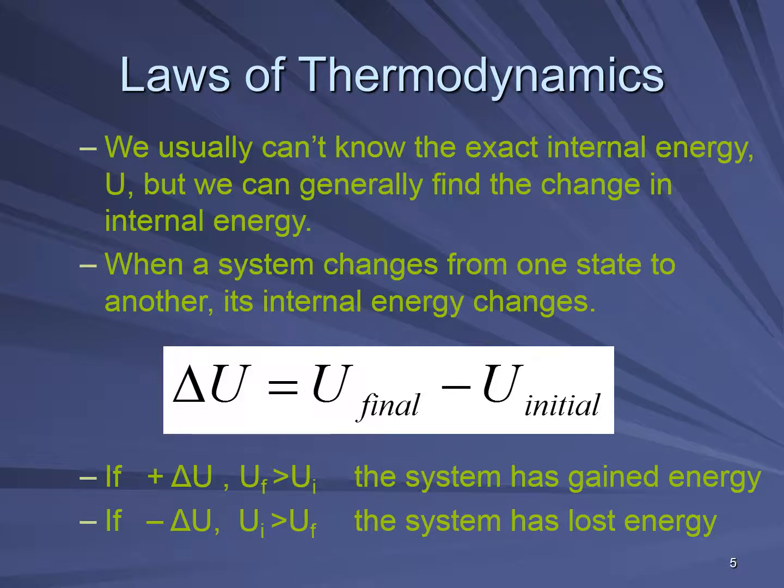Remember, we talked about endothermic being a positive delta H and exothermic being a negative delta H. Delta H is one part of delta U. So heat energy is one kind of energy, but when we're talking delta U, we're talking about all the different kinds of energy possible. So kinetic energy of movement, attractions, potential energy, all of that. But it's the same idea.